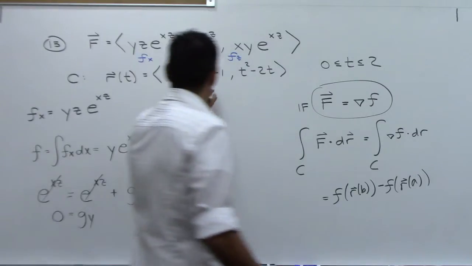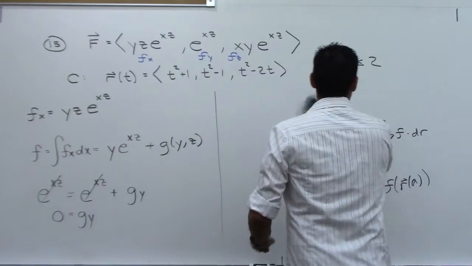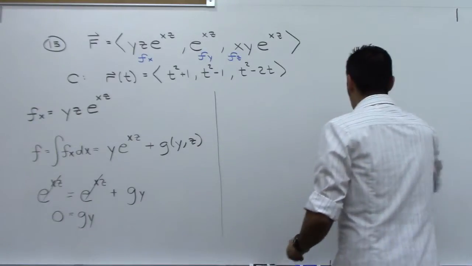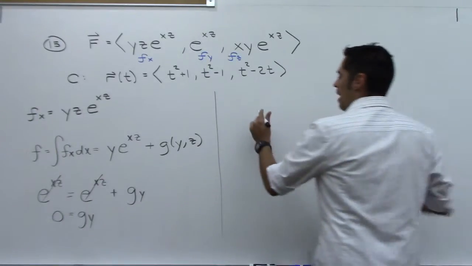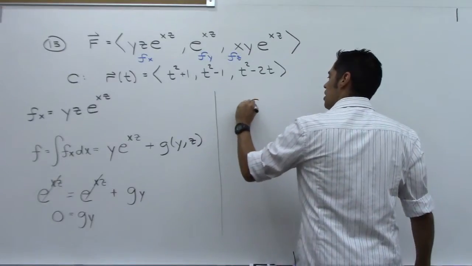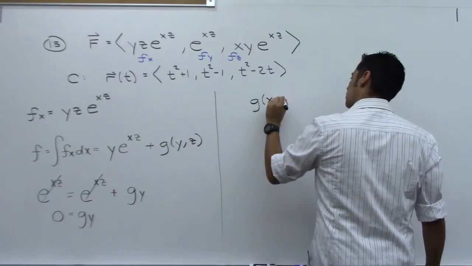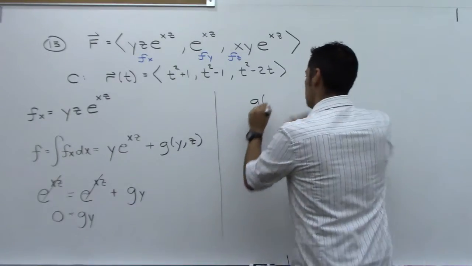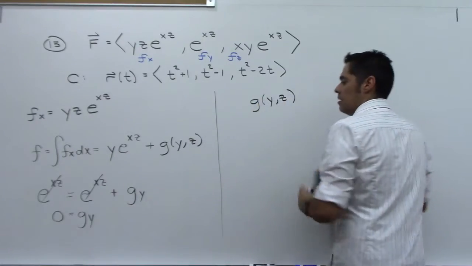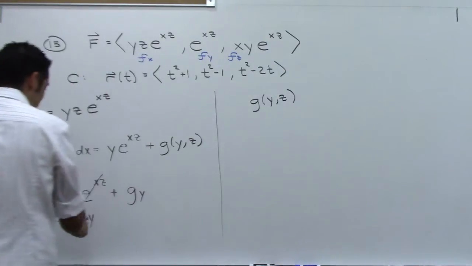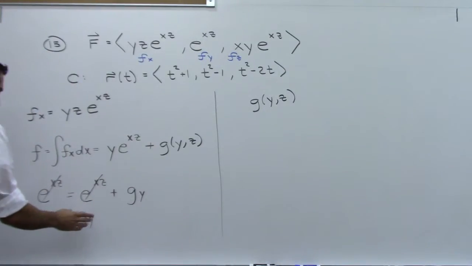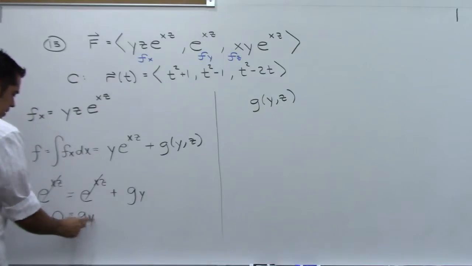So what does that tell me? If the derivative of g with respect to y must be 0, then that means that g of y, z does not have any y's in it, because the derivative of it has to be 0.